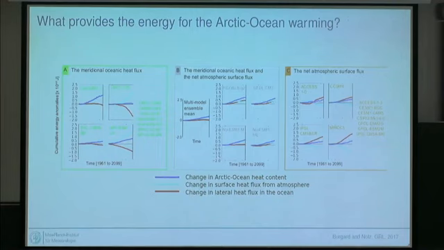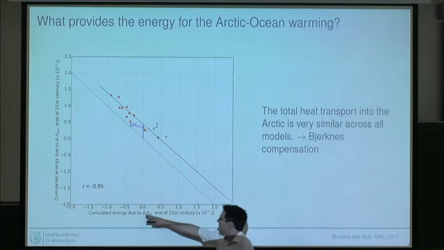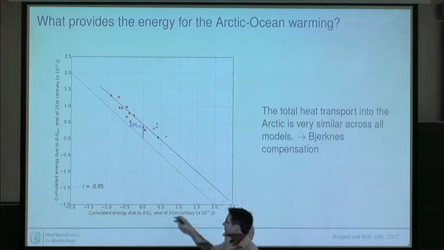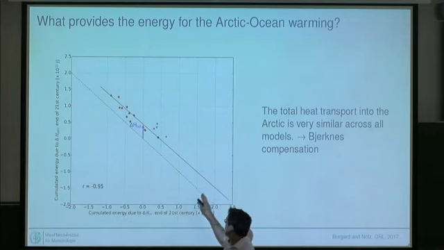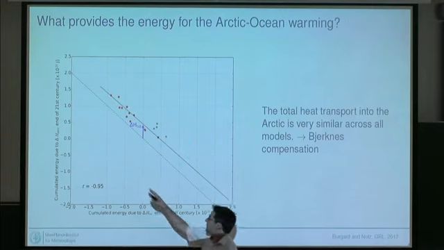So they didn't really agree at all as to how the heat comes into the Arctic Ocean, which is also depicted here, which is the change in the northward ocean heat flux in the models, and the change in atmospheric surface flux in the models. The dashed line here is the line where the sum of these two means no change at all.